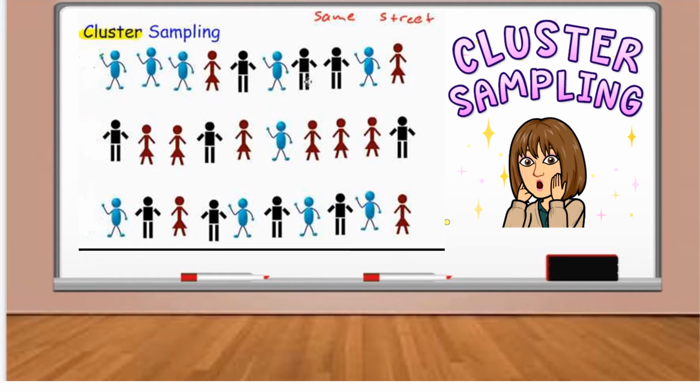For example, your respondents live in one barangay, but that barangay has three different streets: Street 1, Street 2, and Street 3. Now, you can choose your target respondents who live on the same street.